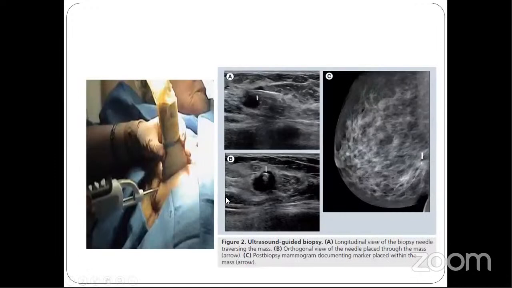We can see here, this is the ultrasound guided biopsy. This is the probe of the ultrasound here, and this is the needle for the biopsy. We can detect the mass here. We can see the mass here. Okay, and this is the needle, and we take the biopsy. This is the biopsy needle here.